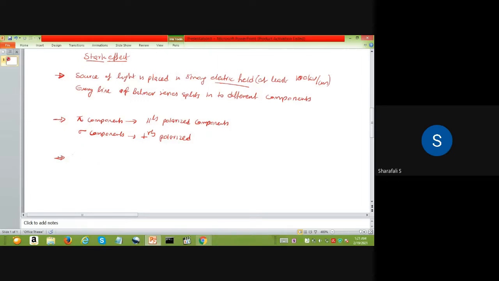Okay, so if you want to define this particular effect, this is nothing but splitting of spectral lines of atom or ions or molecule in presence of external electric field.